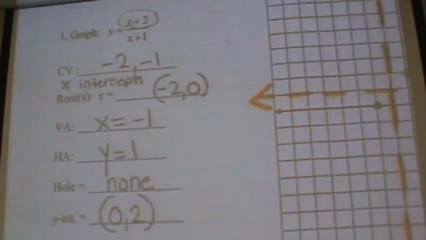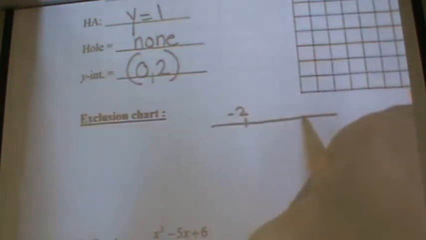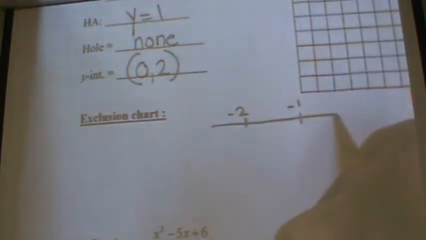Now, down below is an exclusion chart. I'm going to show you how you're going to figure out where it changes direction. You are going to make a number line with -2 and your critical values. So give me a number line with -2 and -1. -2 here and -1 here. That's our number line, right?